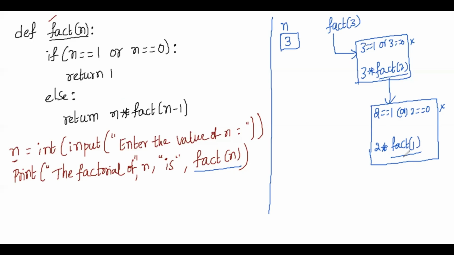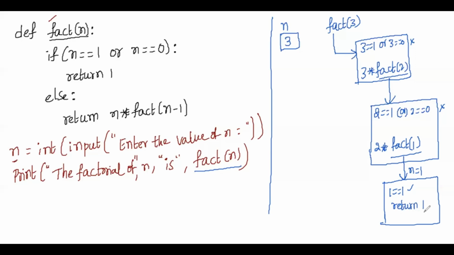So now let's see the execution for this fact of 1 recursive call. For this, n value will become 1. So n double equal to 1. You can see 1 double equal to 1, the condition becomes true. And this is going to return value of 1 back to the calling function.